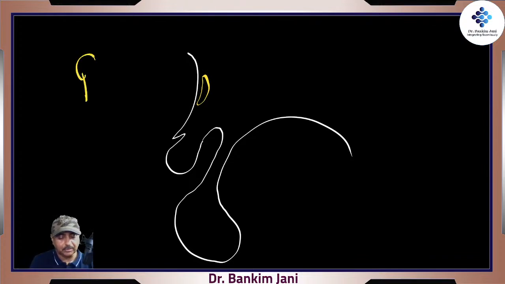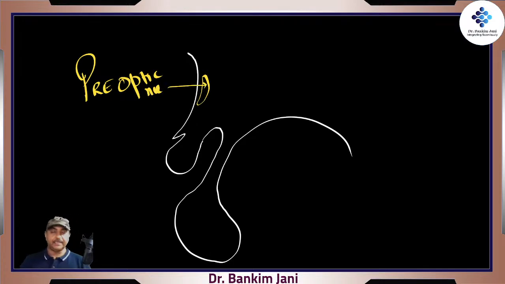So the preoptic nucleus is divided into 2 parts. We'll come to that. First, we are drawing everything, and with every layer, we are changing the color.